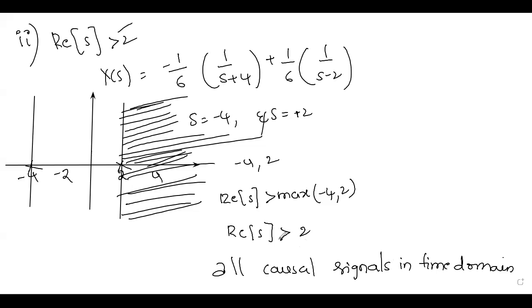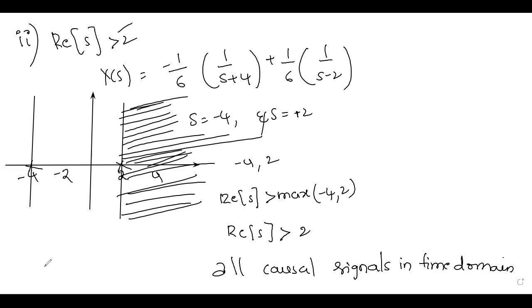Real part of S greater than minus 4 means by default the combination will be a common ROC, greater than 2. So whenever the ROC is greater than maximum of all the pole values, in time domain all causal signals only we have to select.